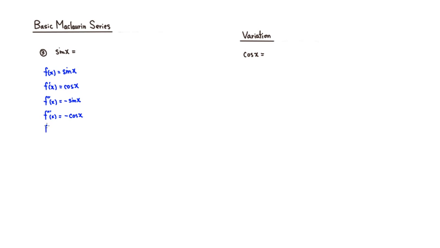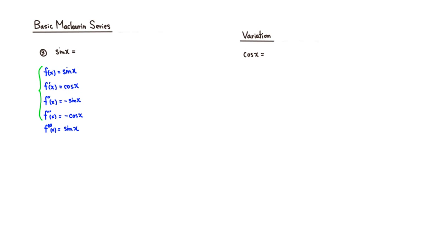And the fourth derivative is positive sine of x. So you can see that they went back to the original function, right? So it's going to repeat itself. It's a cycle of 4. So it's going to keep on doing the same thing.